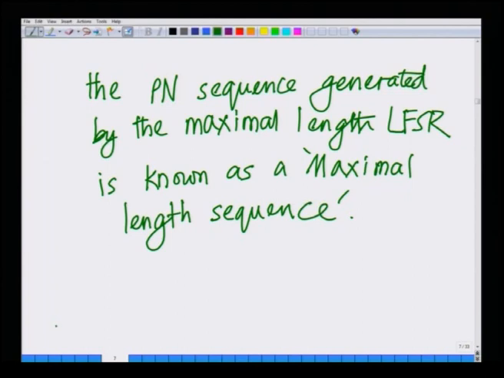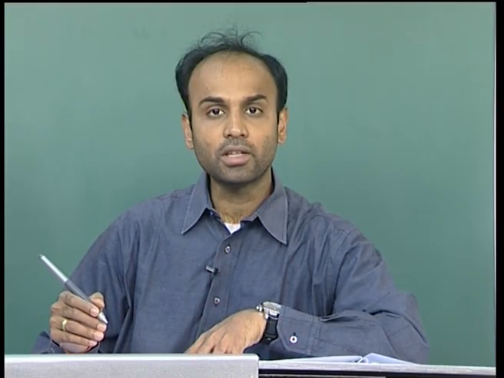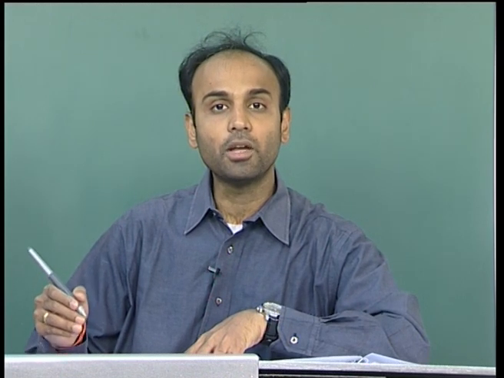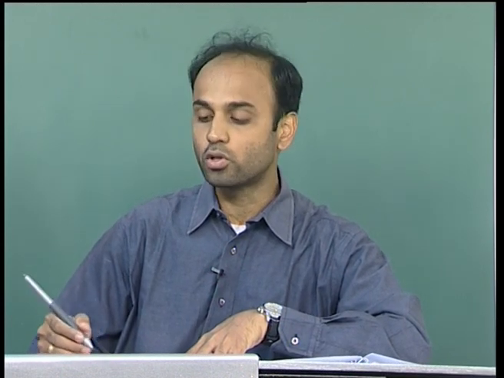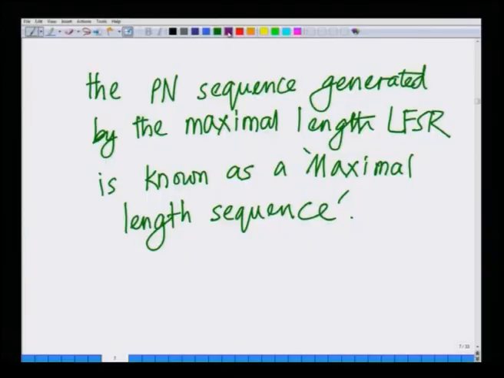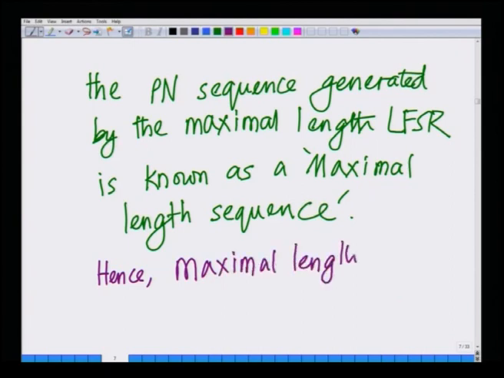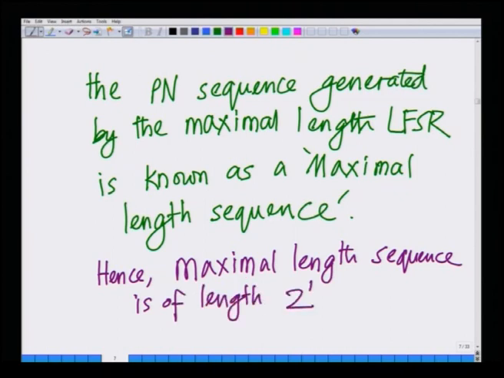Now, in this case, as we have seen, it visits all states except the all 0 state, hence the number of states is 2 power d minus 1, hence the length of the sequence is also 2 power d minus 1. Hence the maximal length sequence is of length 2 power d minus 1.